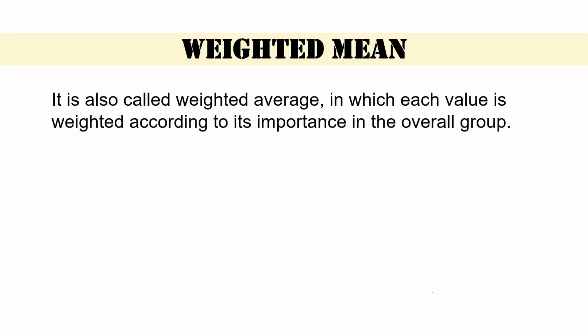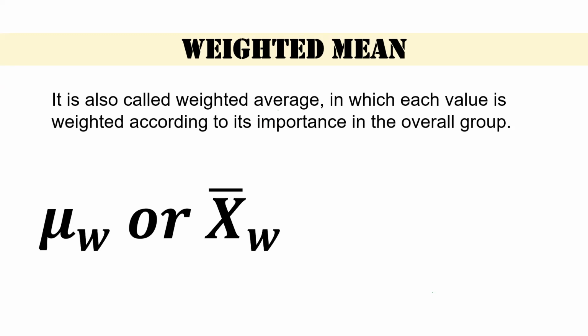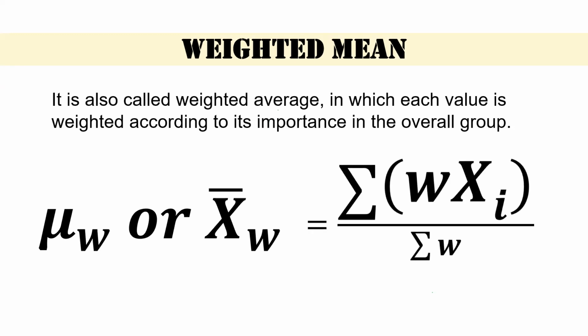So you see, there are 3 components, but all of them do not possess the same weight. So we also have what we call the weighted mean. It is also called the weighted average, in which each value is weighted according to its importance in the overall group. So here's the symbol for the weighted mean.